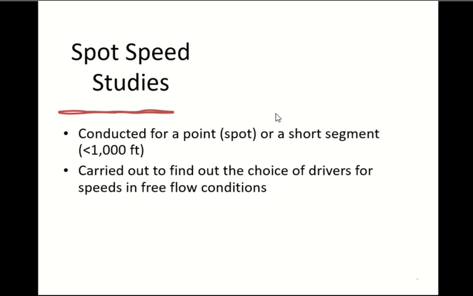Clear? Now, what is an ideal free flow condition? What do you consider as ideal for free flow conditions? You want to do a speed study in a free flow condition. The ideal is what? An empty road, and the speed of what?